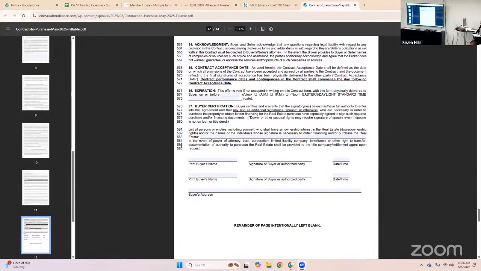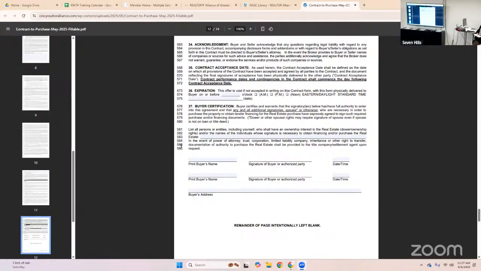In section 37, buyer certification, buyer certifies and warrants that the signatories below have full authority to enter into this agreement, and that any and all additional signatories, spouse or otherwise, who are necessary in order to purchase the property or obtain lender financing for the real estate purchase have expressly agreed to sign such required purchase and or financing documents.